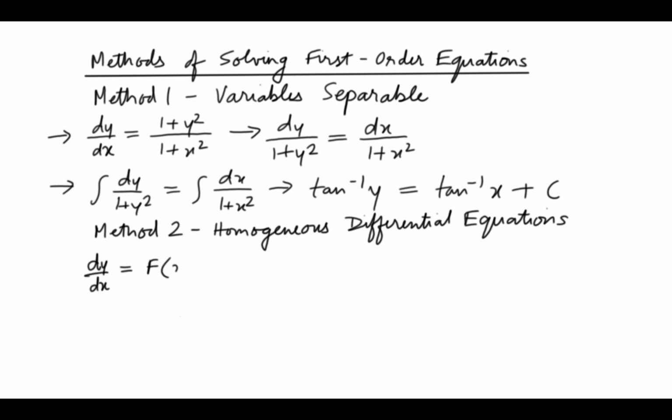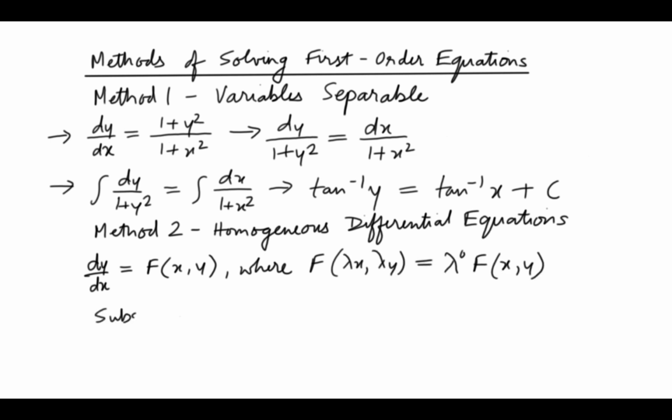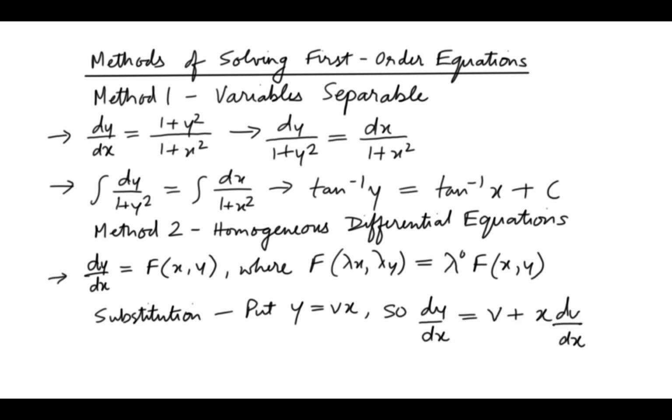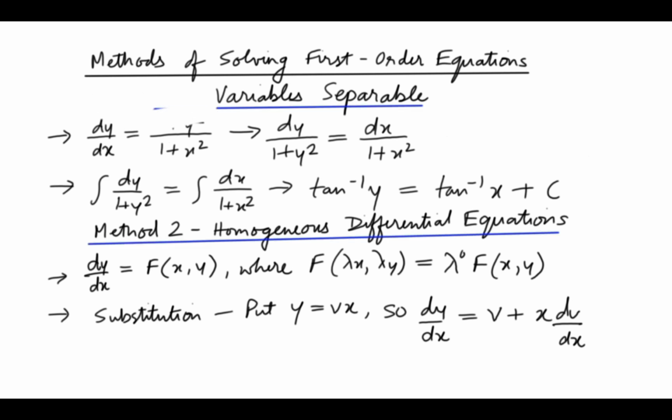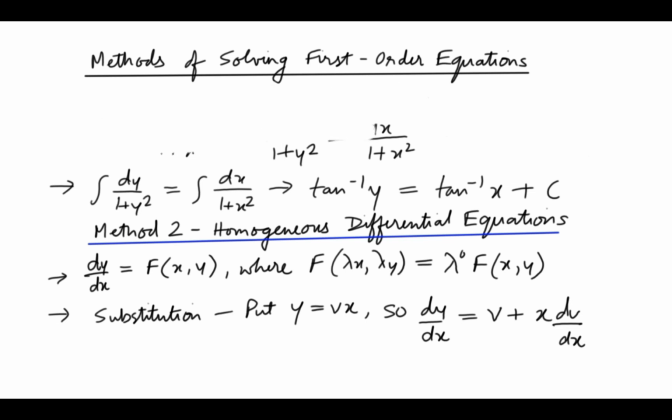So next is method 2, it is homogeneous differential equation. So this happens when the algebraic function is of degree 0. To solve this, we use a standard algebraic substitution. We set y equals vx. So differentiating this with the product rule turns dy by dx into v plus x dv upon dx.